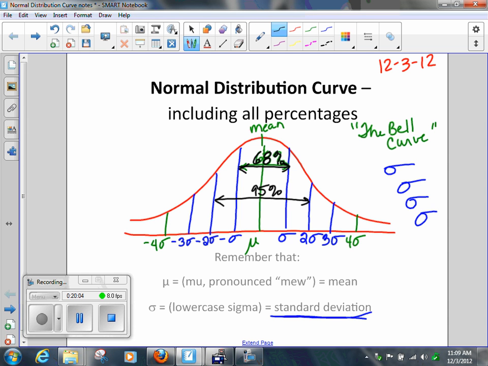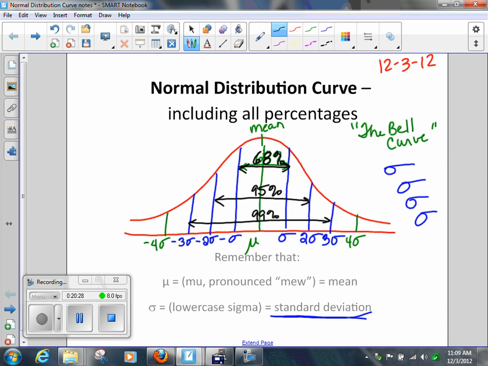And then, one more. If we included all of the data from -3 standard deviations to +3 standard deviations, folks, that represents 99% of the data that we're going to be looking at, whatever that data should be.